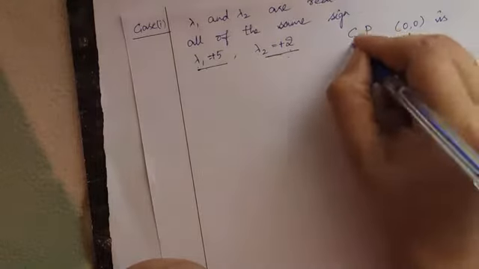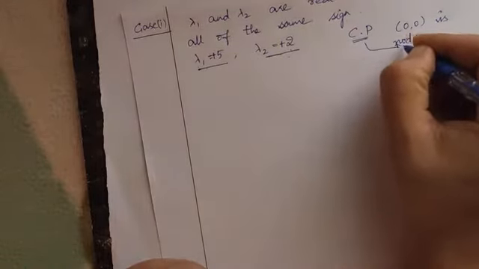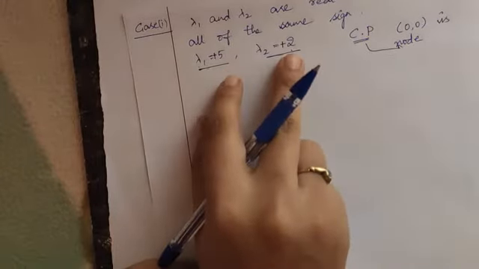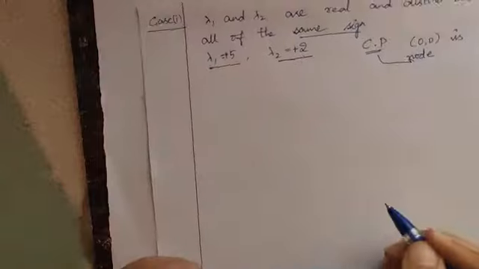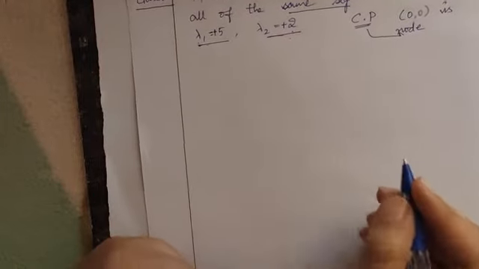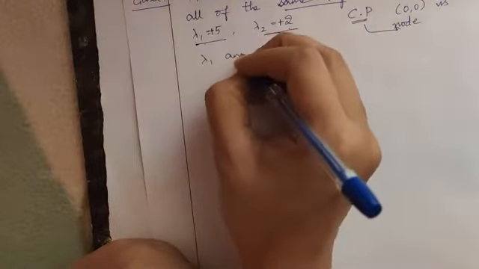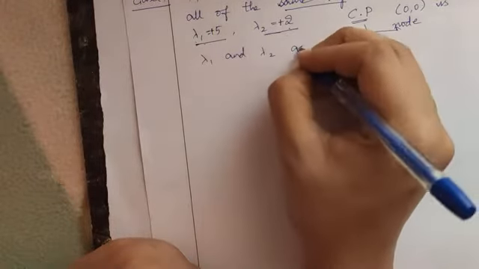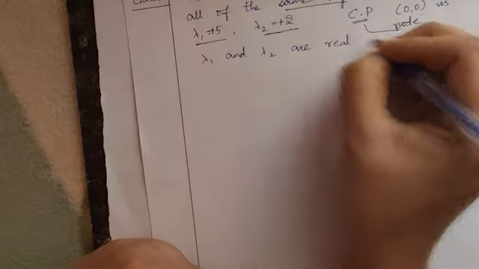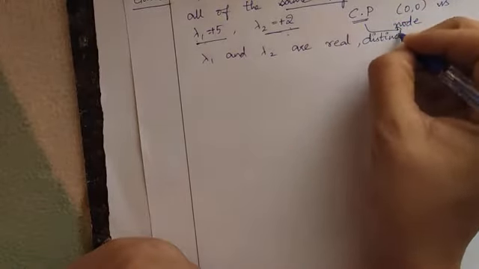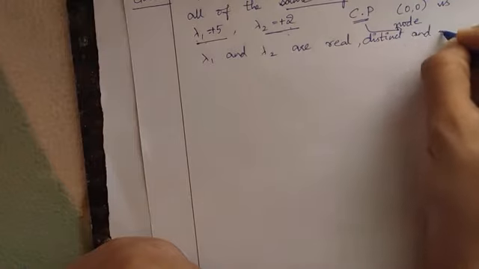The name of the critical point is nothing but node when your eigenvalues are real, distinct and of same sign. Let us assume that both lambda 1 and lambda 2 are real, distinct and of negative sign.